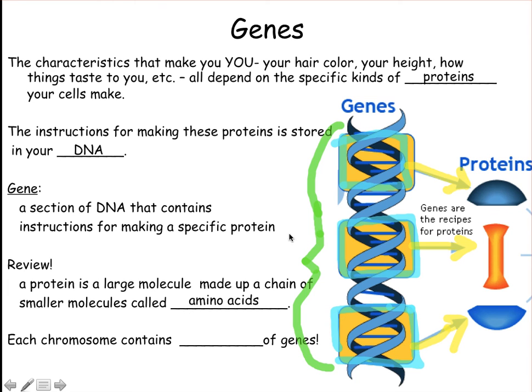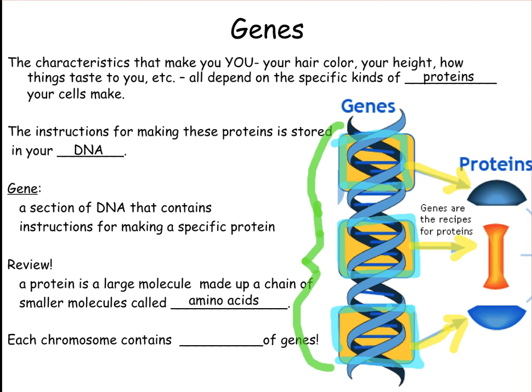So when we look at these genes, what we're really looking at are the instructions for deciding which amino acids are going to be used to make up the protein and which order they should go in. We will spend a lot more time in the next 2 lectures explaining how this works, how we can use a gene to determine the exact structure of a protein.